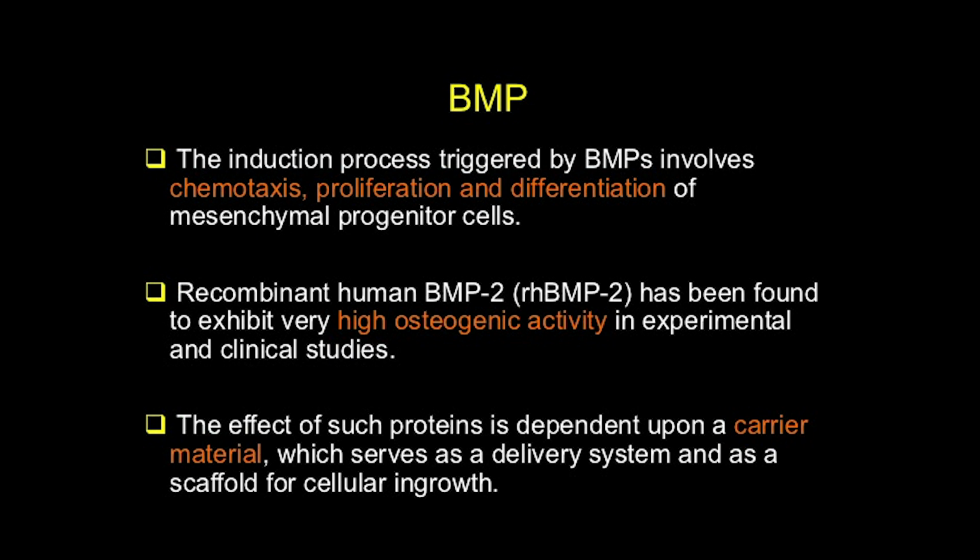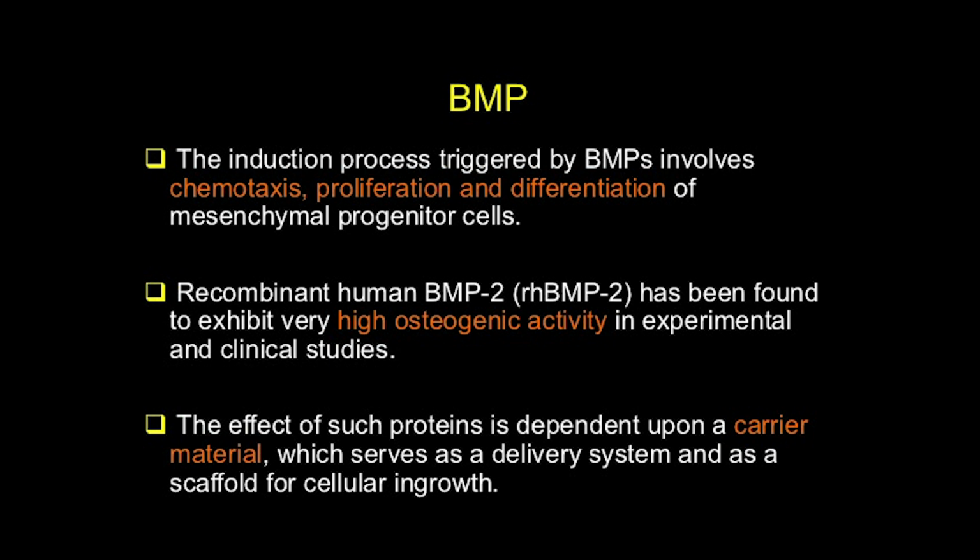Recombinant human bone morphogenetic protein type 2 has been found to exhibit very high osteogenic activity in experimental and clinical studies. So, human recombinant BMP type 2 is very osteoinductive and osteogenic, and will lead to bone ingrowth at the site of the defect.